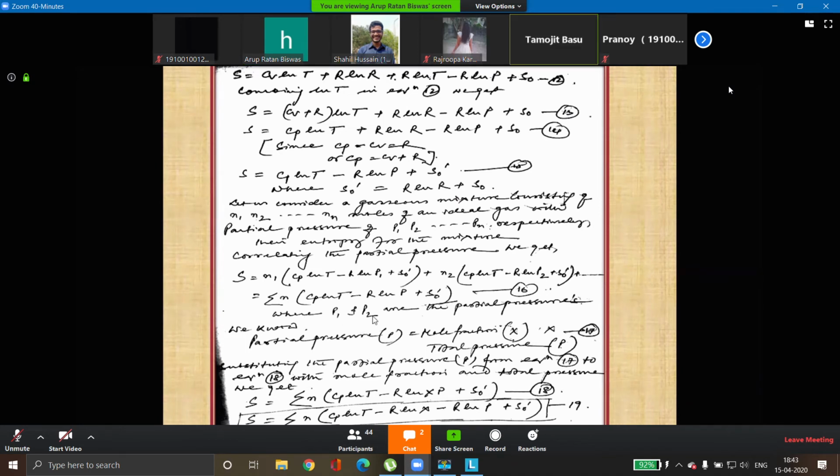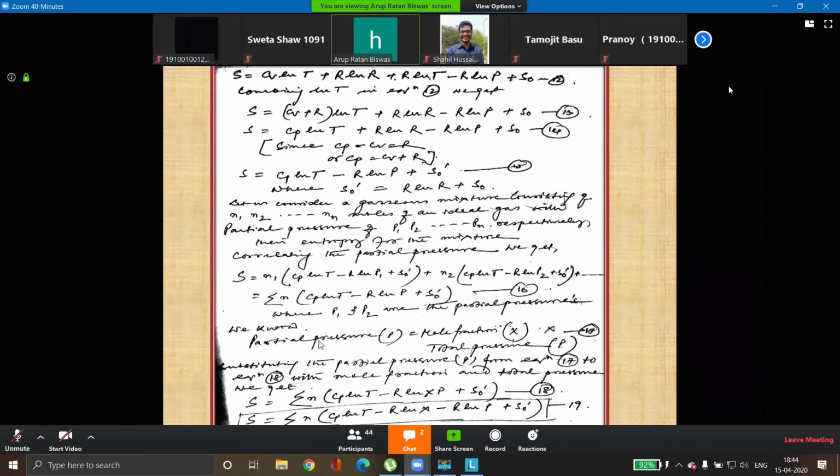Where P1 and P2 are the partial pressures. We know that partial pressure P equals mole fraction times total pressure. So substituting the partial pressure from equation 17 into equation 18, with mole fraction and total pressure, we can write S equals the summation of N Cp ln T minus R ln xP, where x is the mole fraction multiplied by the total pressure.